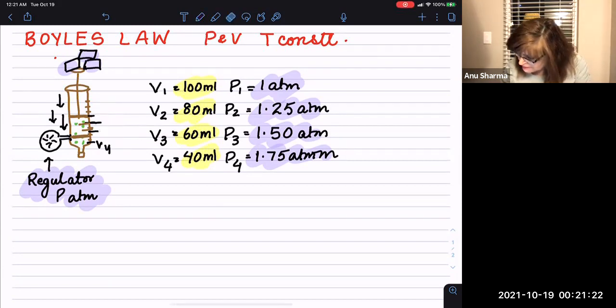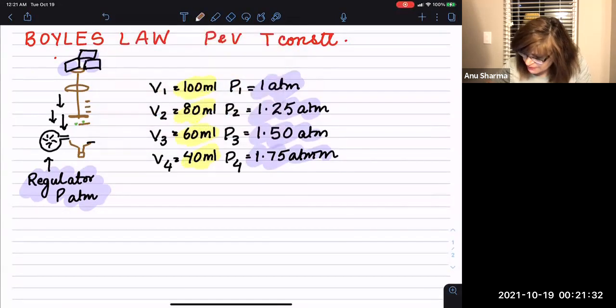Let me erase this. Okay, so here we have the syringe, into which we pulled some of the gas, and this gas has a certain volume, and this volume is noted down. Generally these syringes have markings which are in milliliters.